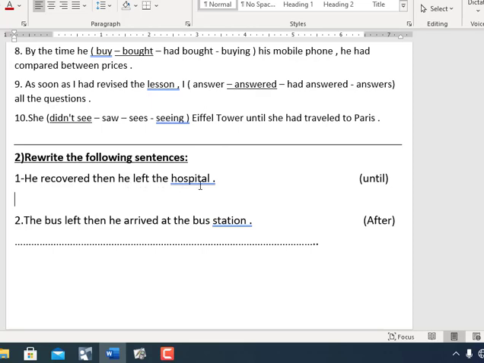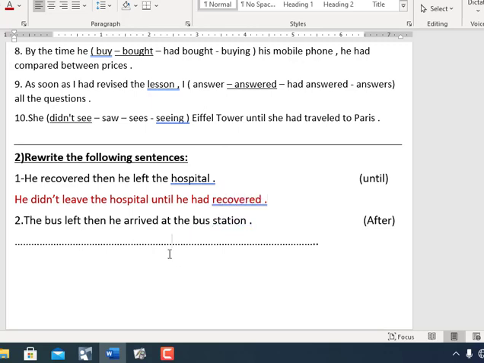We start with the second action in the negative form. So it will be: he didn't leave the hospital until he had recovered.